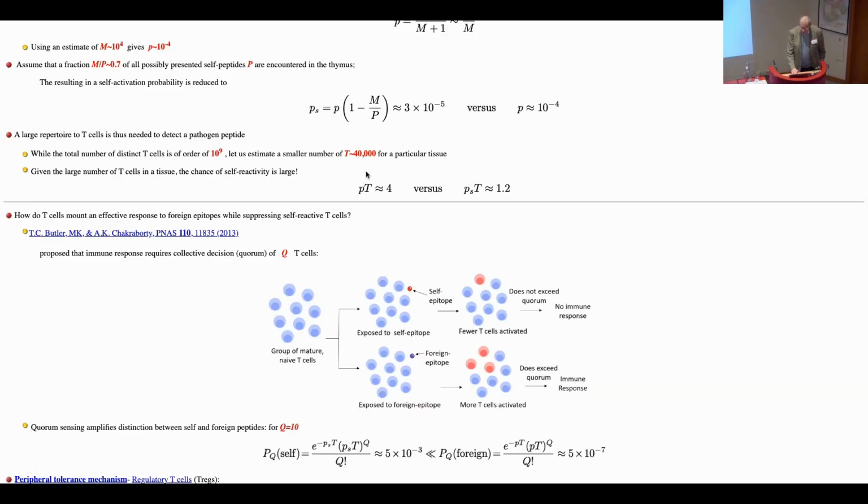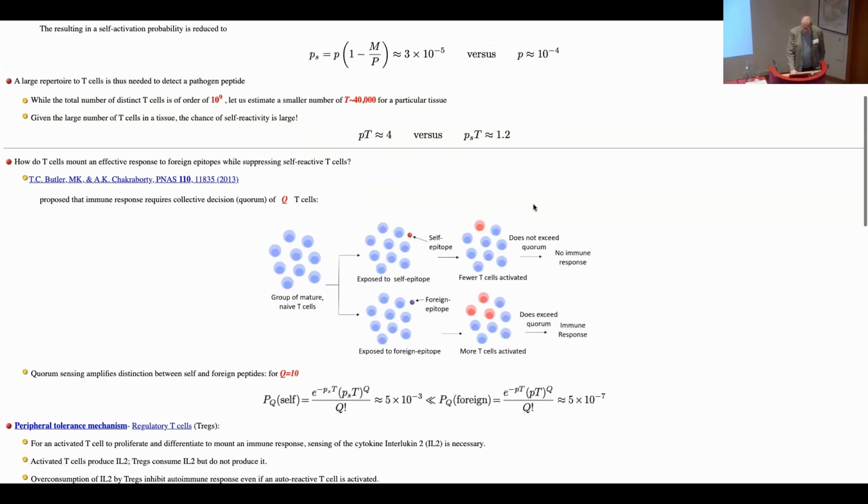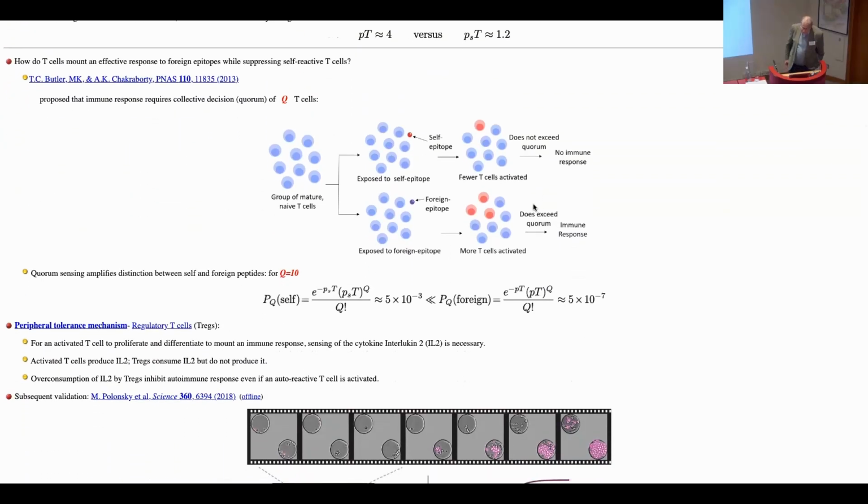So if the probability that each one of those T cells reacts to a peptide from some virus or pathogen is 10 to the minus 4 multiplied by 4 times 10 to the 4, it's of the order of 4 will be activated. But still, if you ask how many of them are activated to self, it is of the order of 1.2.